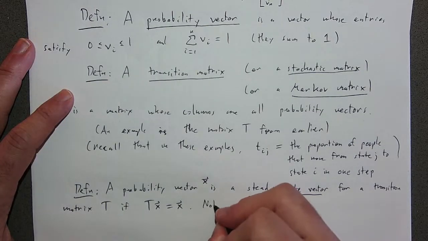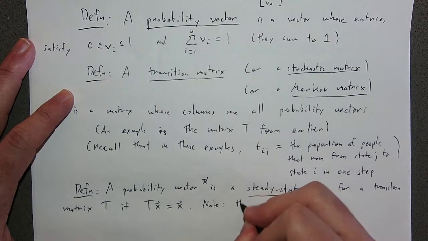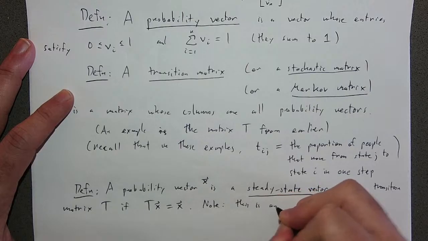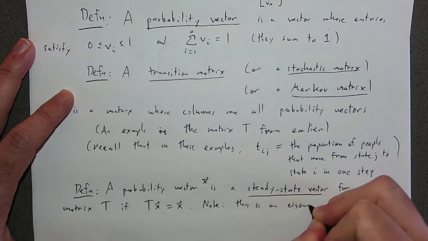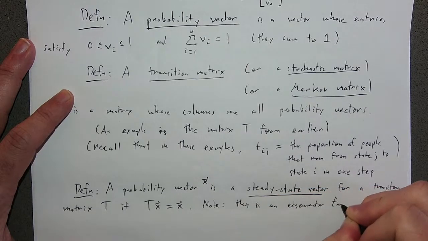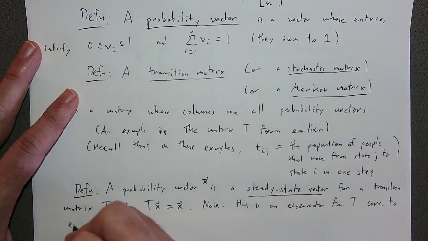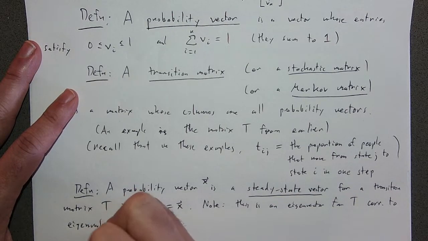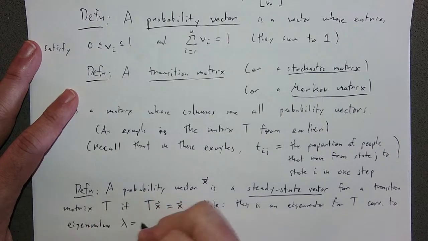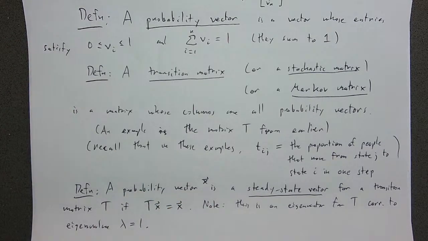Note, this is an eigenvector for T corresponding to eigenvalue lambda equals 1. All right, we've seen this before.